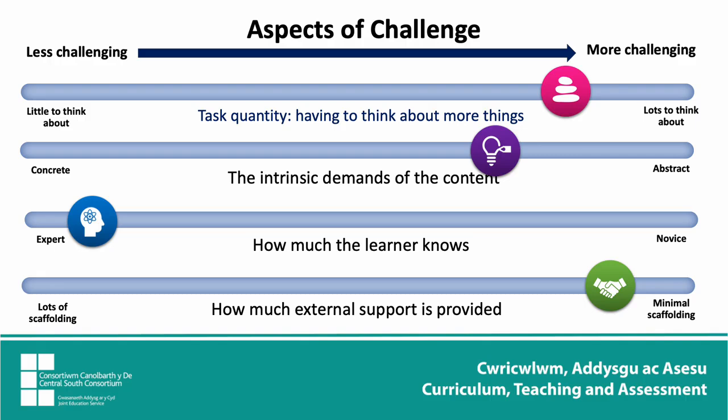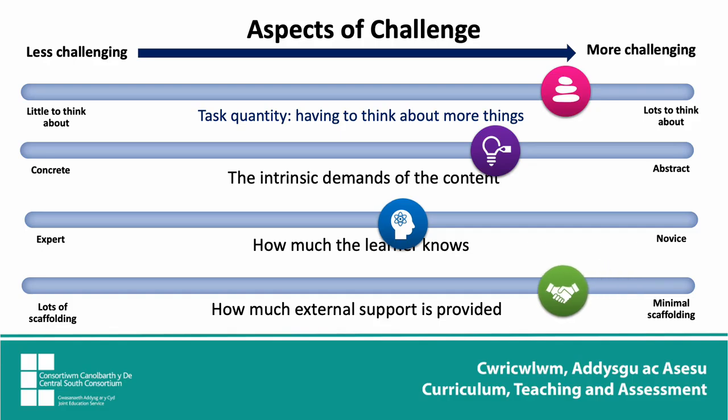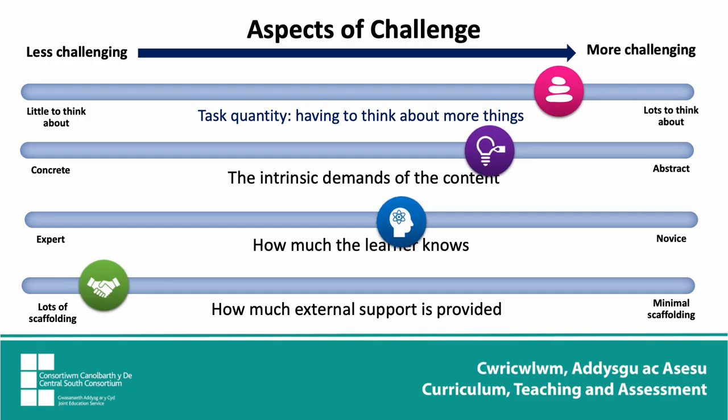And because they're expert in this, we can raise the challenge of these other bits. Whereas if our learners weren't so expert in this, then we might provide a bit more scaffolding. We could still even do the same kind of challenging content if we wanted. But here we might provide a lot of scaffolding in the first instance, and then reduce that quickly as time goes on.